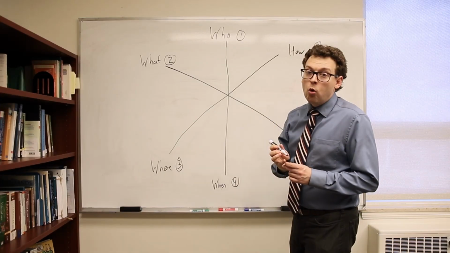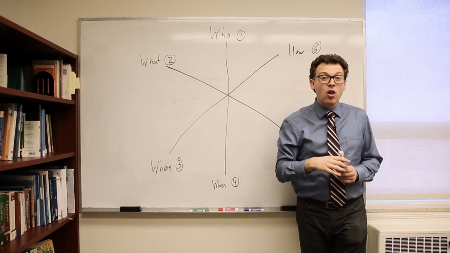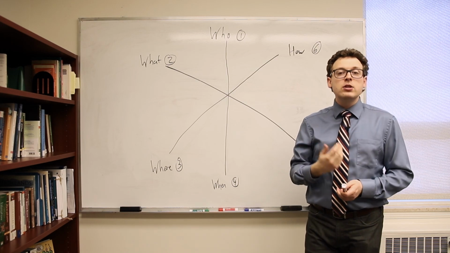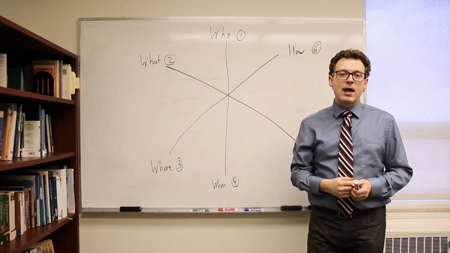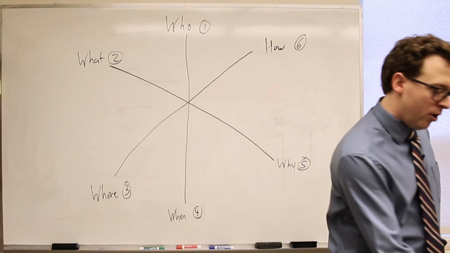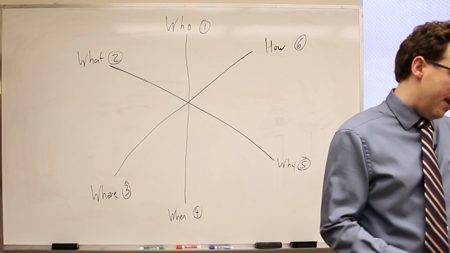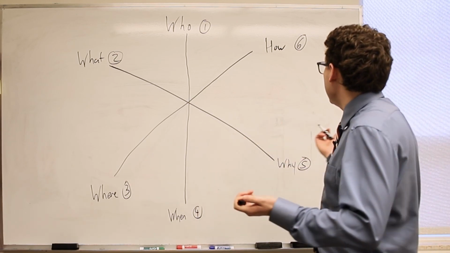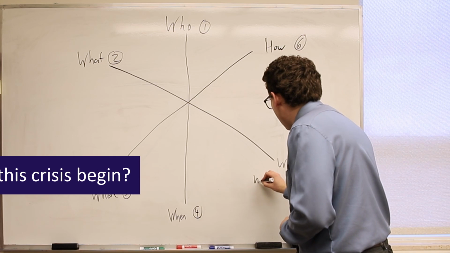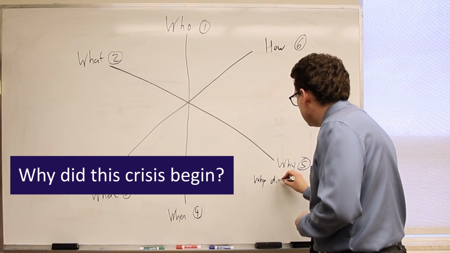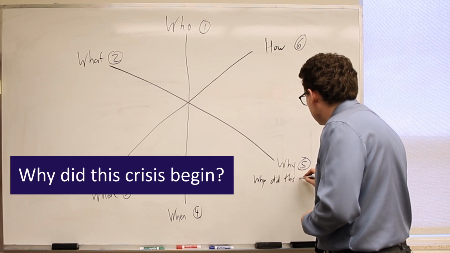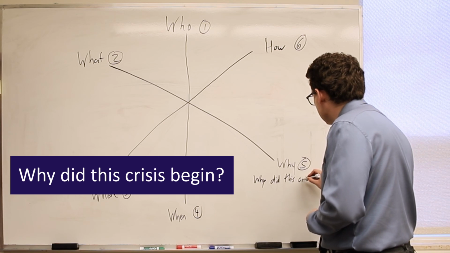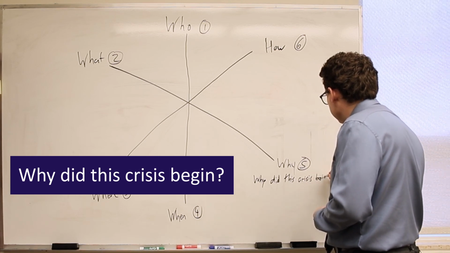Then we're going to roll the die, and based on what number I roll, I'm going to come up with a question about our family doctor crisis topic that matches that number. So let's try this. I'm going to try our first roll, and that gives us a 5. 5 is why. So maybe we ask the question, why did this crisis begin?